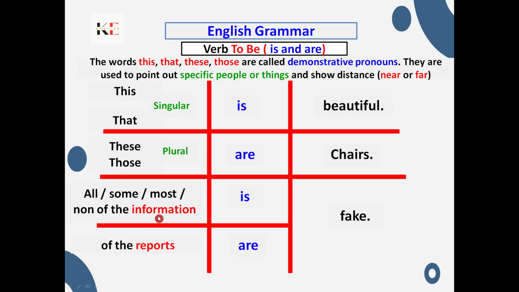All of the information is fake. Some of the information is fake. Similarly, reports is a countable noun, and after a countable noun we always use are. So all of the reports are fake.